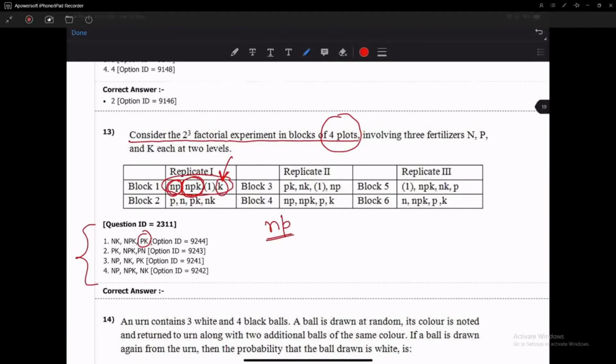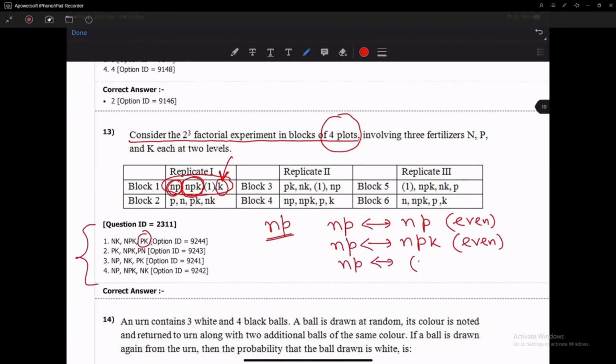So NP and NP is basically even number of common member. NP and NPK, obviously even number of common member, and those common members are basically N and P. NP and 1, no common member, and NP and K, obviously no common member.